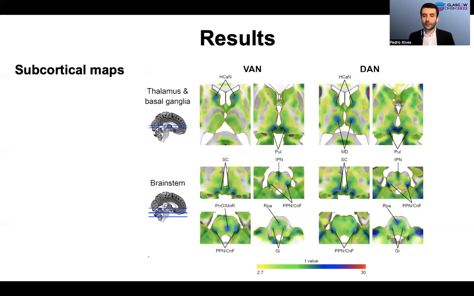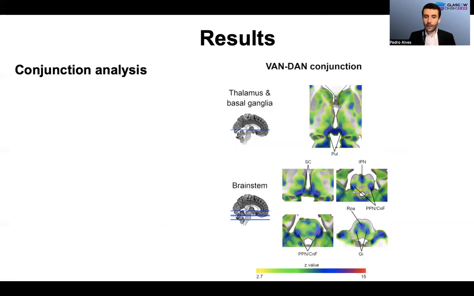When we analyze the subcortical distribution of these maps, it is clear that some subcortical nuclei, such as the pulvinar, the superior colliculi, and also a cluster of other brainstem nuclei, such as the pedunculopontine system and the raphe nuclei, also make part of these networks. Actually, a conjunction analysis showed that most of these nuclei are shared by both networks.